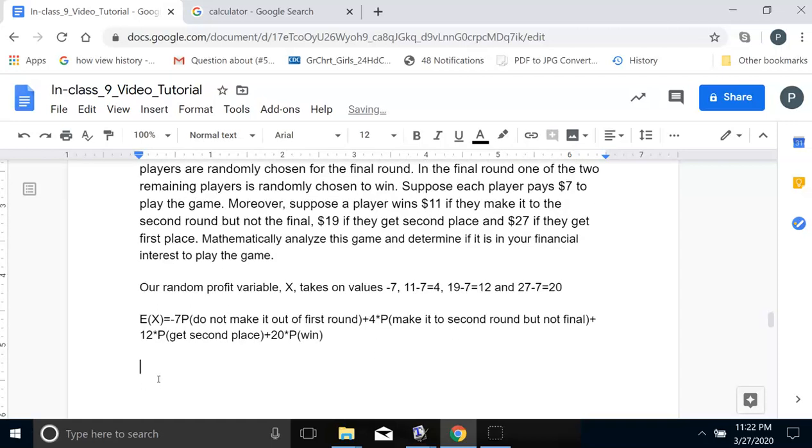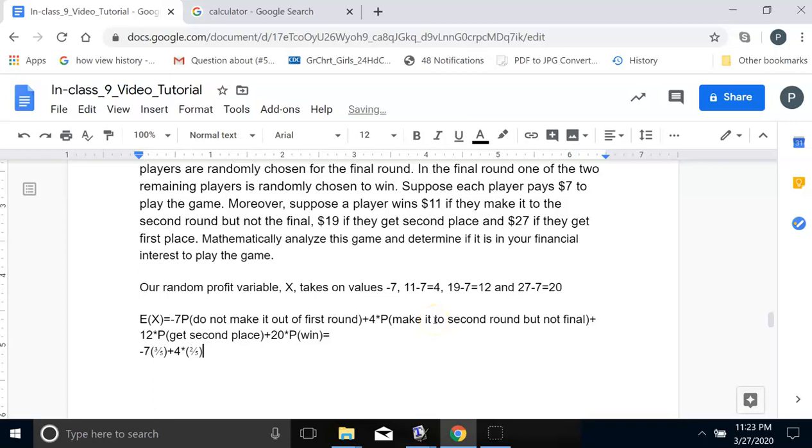So this will equal -7 times the probability you do not make it out of the first round. Well, only 2 people out of the 5 make it out of the first round, so that means 3 people do not, so 3 out of 5, plus 4 times the probability you make it to the second round but not to the final.